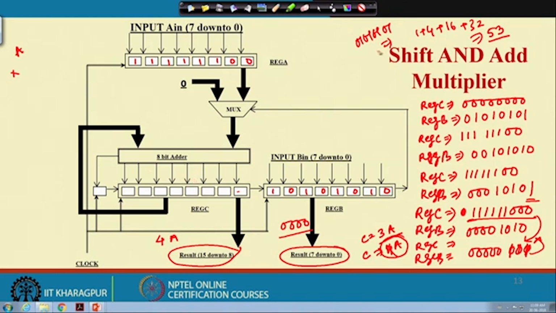As I am doing this shifting operation in this particular case, it will give me the corresponding weight of 53 as I am accumulating A over here. So, whenever this is shifted, then again it will come over here. Okay. So, in this manner I can do this shift and add operation.